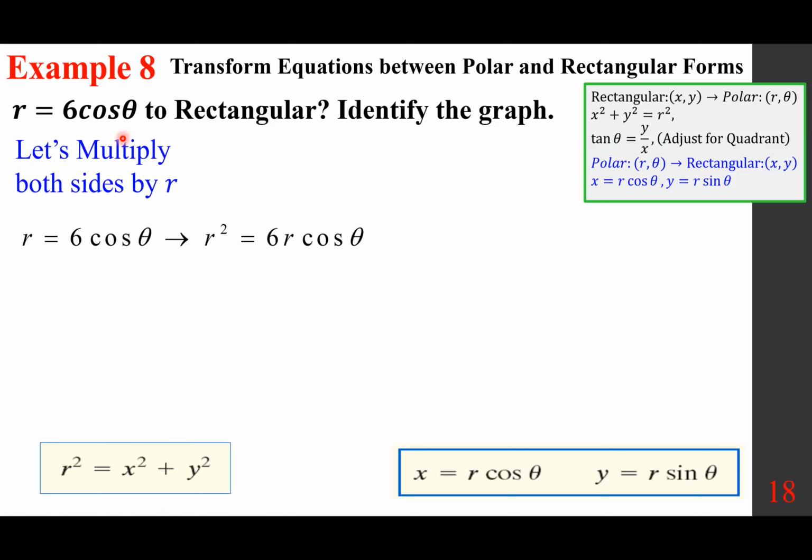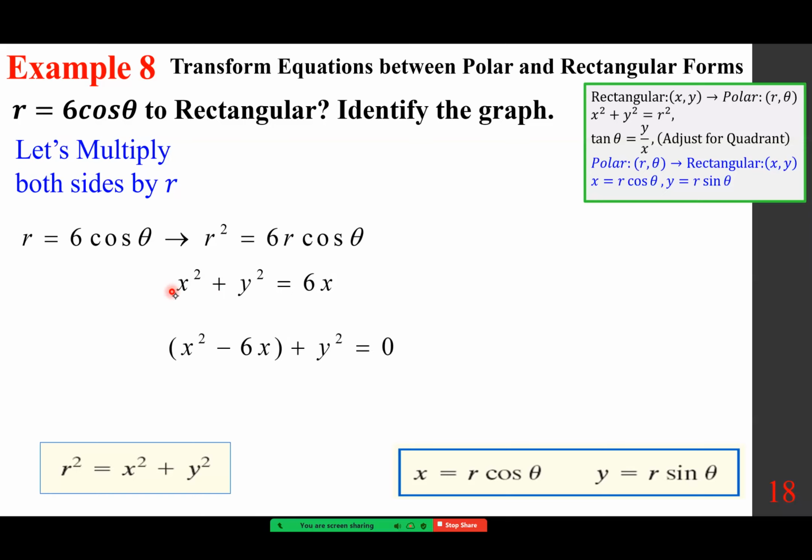So the left side is x squared plus y squared, and the right side is 6x. We move the 6x to the left and we put it next to x squared.